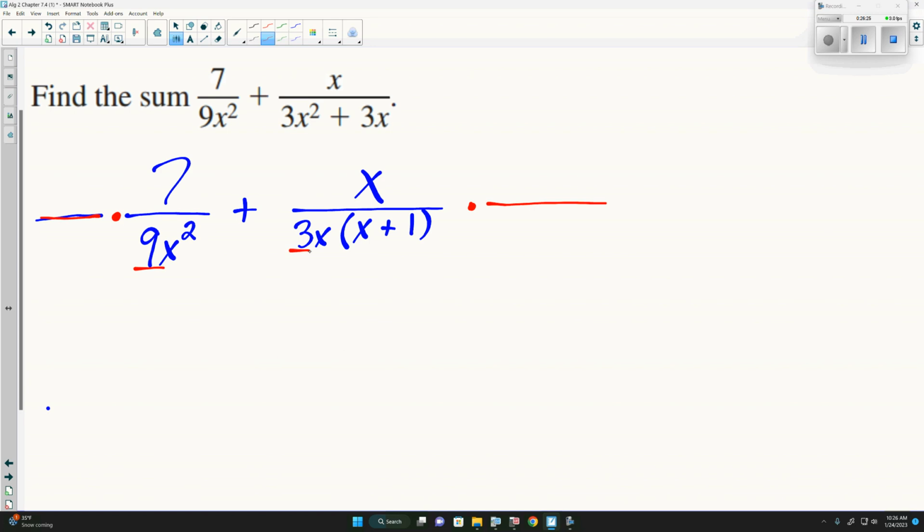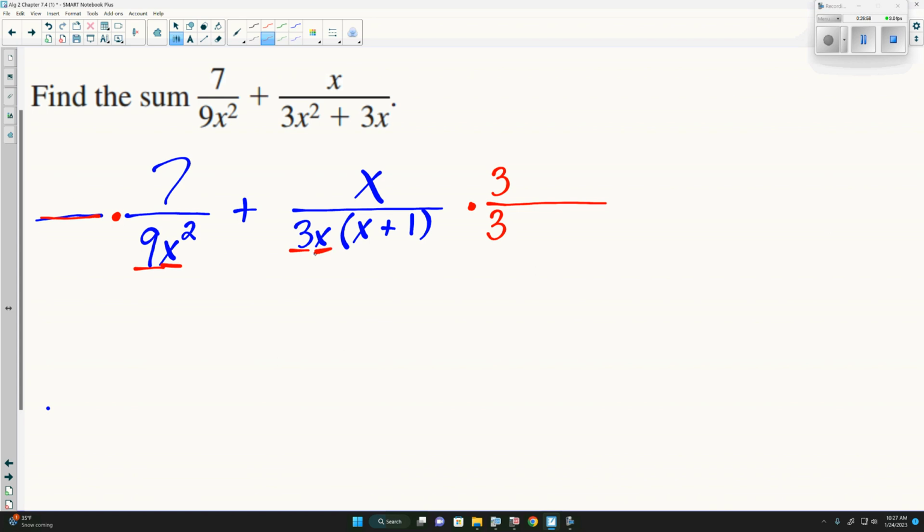Over here we have 9, and here we have 3. 3 and 9, because 3, 6, 9. So if I multiply the one on the right by 3, 3x times 3 is going to be 9x, yes? 3 times 3 is 9, so we have 9 and 9. Those are the same, yes?